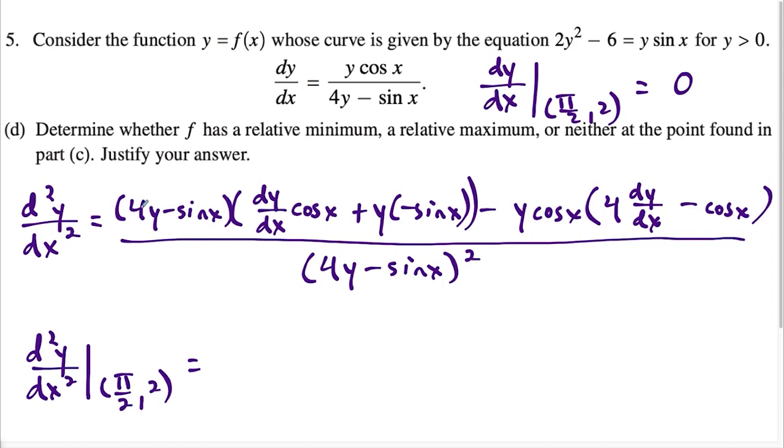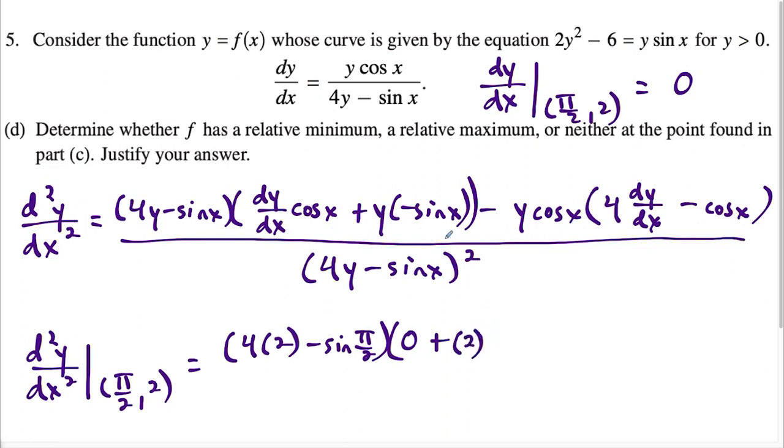So now we just go piece by piece. We have 4 times 2 minus sine of pi over 2. And then in the second parenthesis here, we have dy dx. So automatically I have 0. So I'm not even going to bother plugging in here, but cosine of pi over 2 is also 0. And then what we have is plus y is equal to 2.